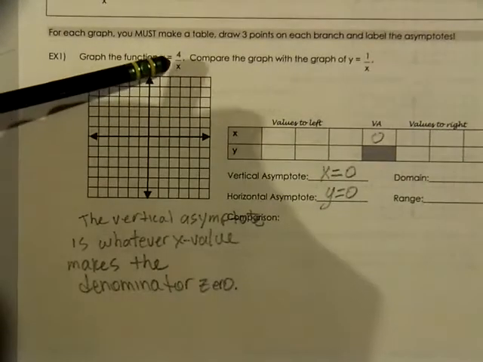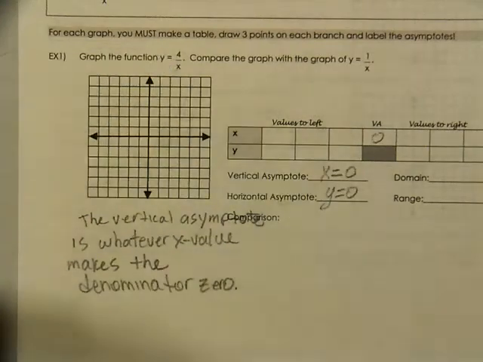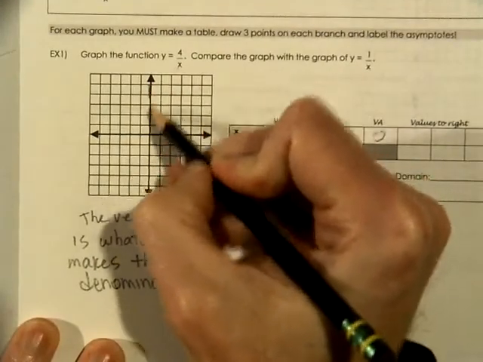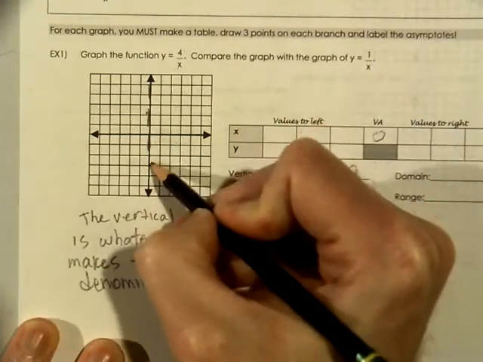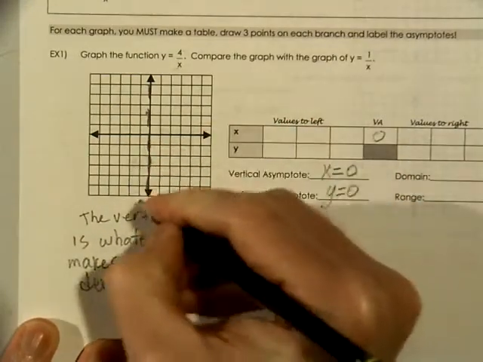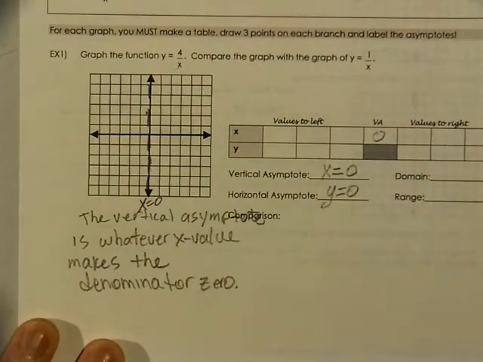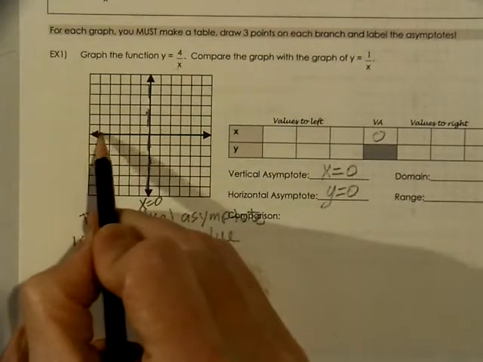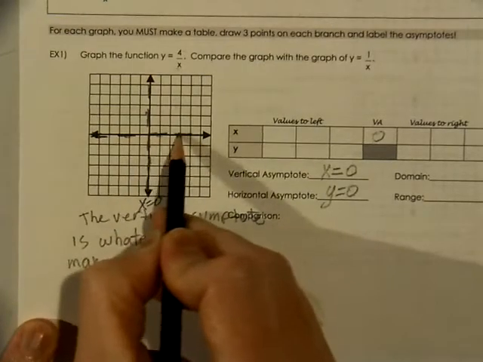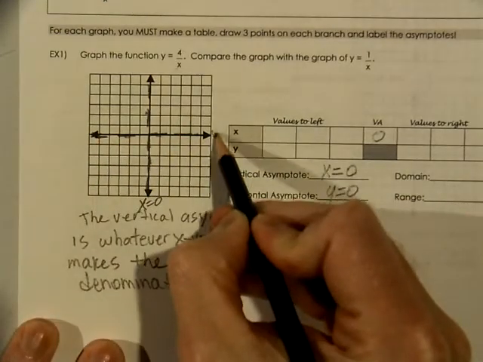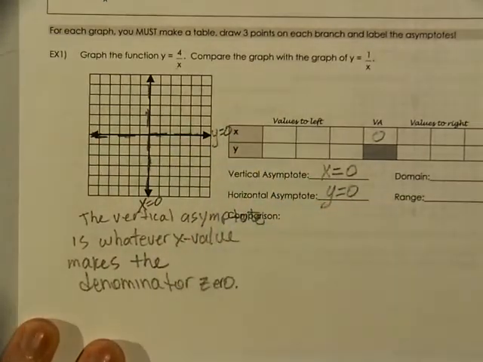Now we can draw in our asymptotes, and we label it on the graph as x equals 0. And we'd also draw in our horizontal asymptote. We could say y equals 0.